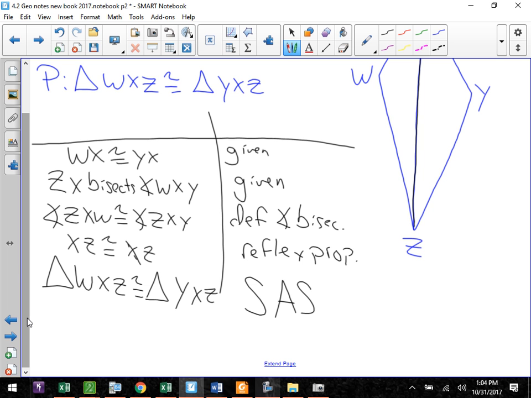So if you're ever given a segment bisector, you basically do the exact same steps as you would for an angle bisector. But instead of saying angles congruent, what do you have? You have segments, and instead of saying definition of an angle bisector, you would say definition of a segment bisector. That's one of those weird things that happens from time to time.